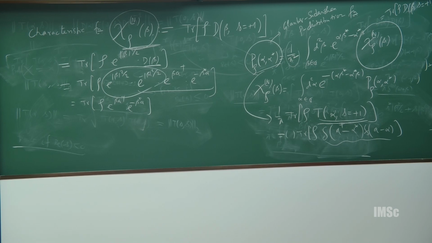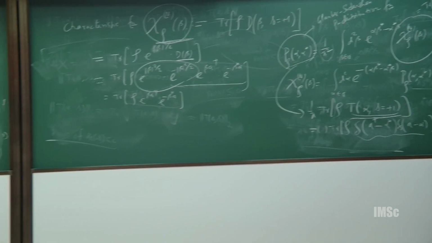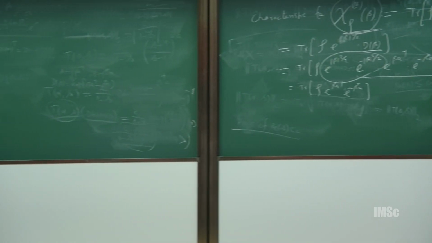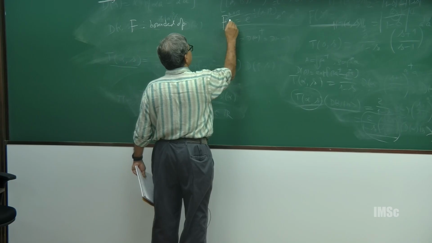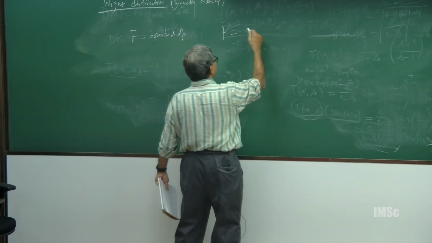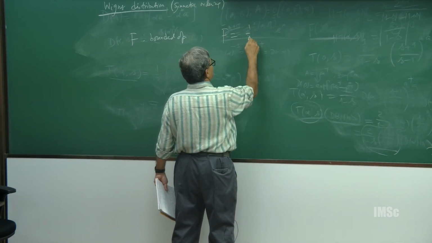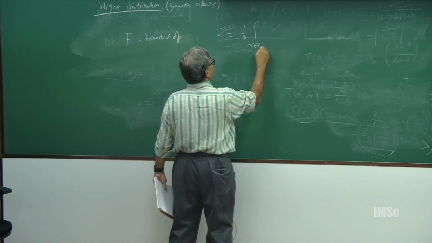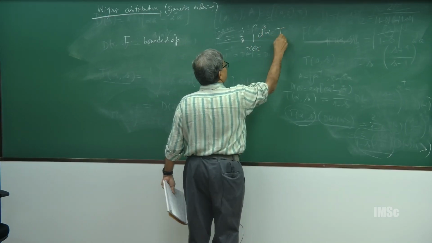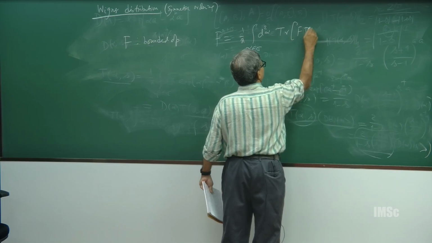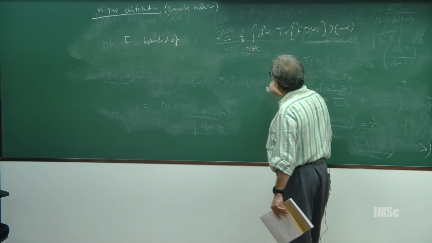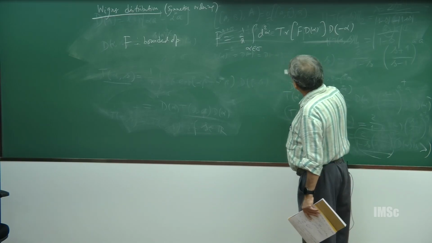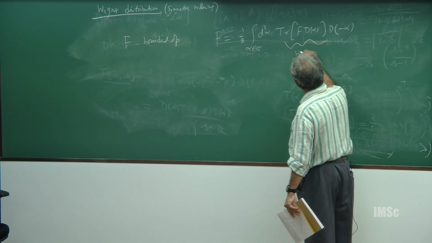So, we have seen that if f is a bounded operator, then we can have a representation of f in terms of the displacement operator. So, 1 upon pi integral over alpha belonging to C, d square alpha, trace of f d alpha, d of minus alpha, and we know this is your weight function.